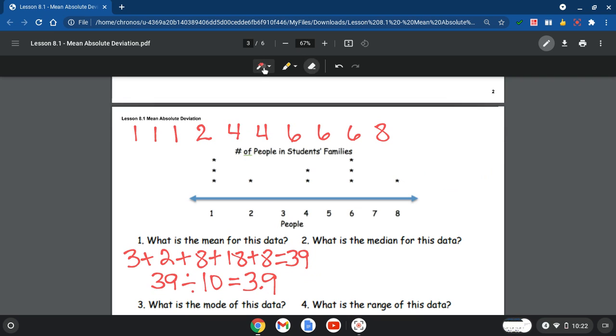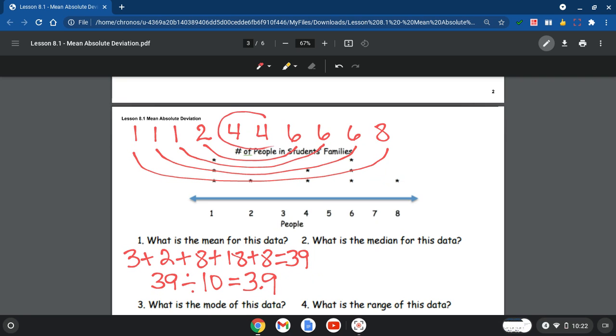To find the median, I like using the rainbow method. If I connect the first with the last numbers until I get to the center, I will find that the center of my data are 2 4s. Ordinarily, we would find the average of both of those center numbers.